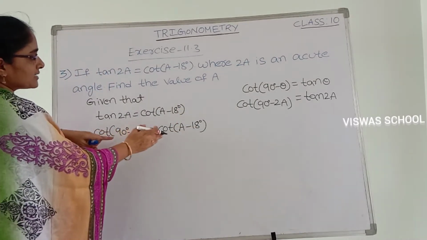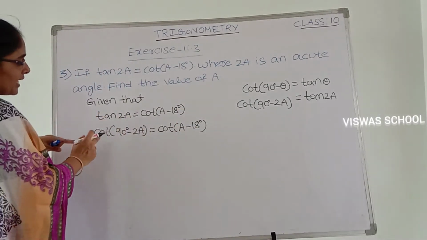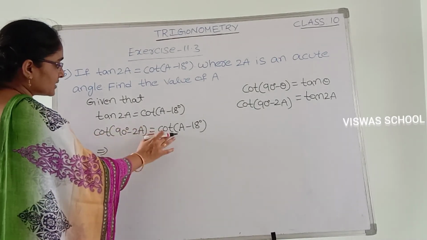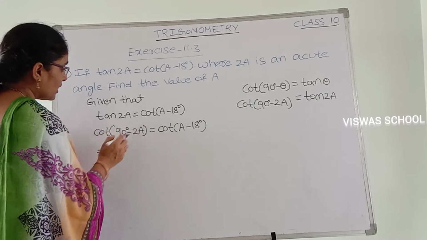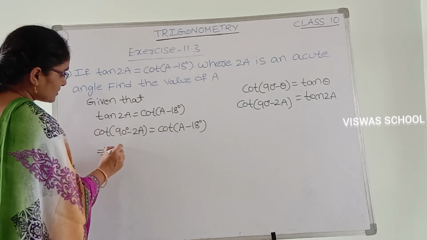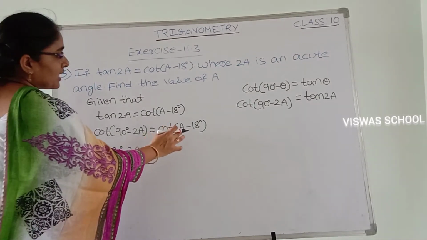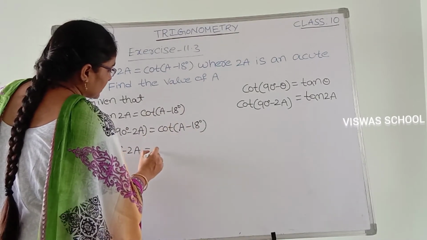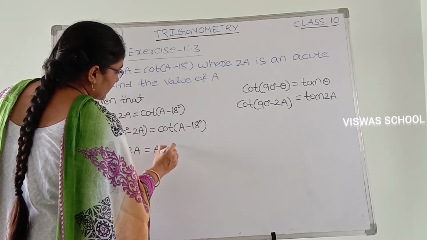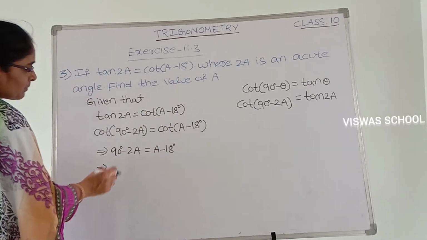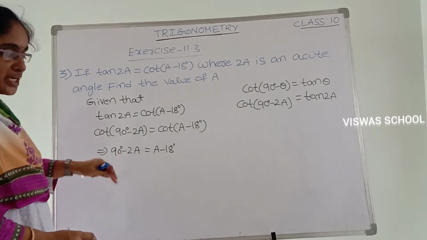Here both sides I have cot. Eliminate this cot. Now I am eliminating the cot on both sides. Now what remains is 90 degrees minus 2a is equal to a minus 18 degrees. Now from this we have to find out a.